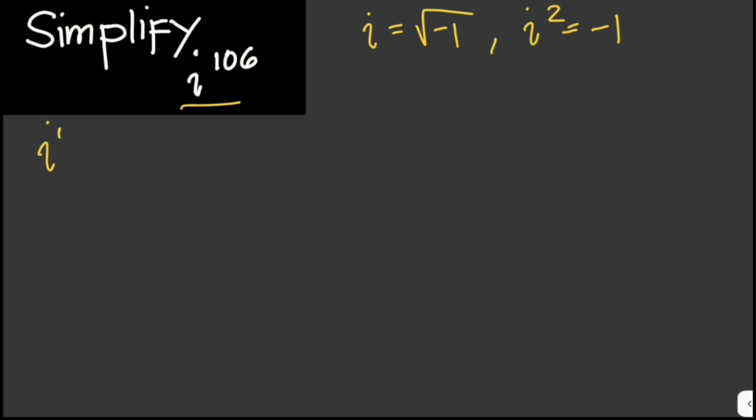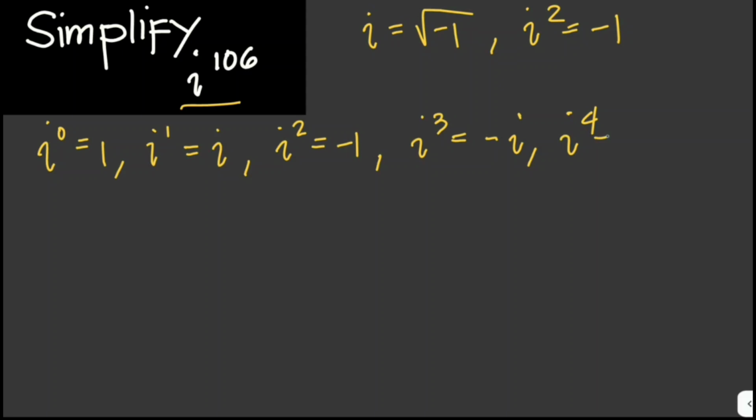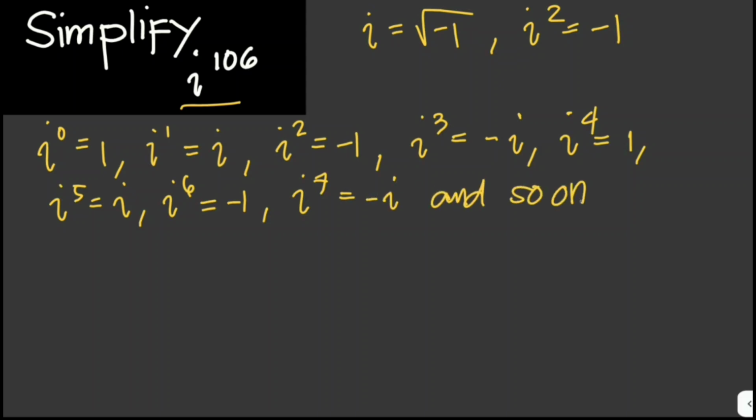So i to the 0 is equal to 1. i to the power of 1 is equal to i. Then i squared is equal to negative 1. i cubed is equal to negative i. i to the 4th is equal to 1. i to the 5th is equal to i, i to the 6th is equal to negative 1, i to the 7th is equal to negative i, and so on.